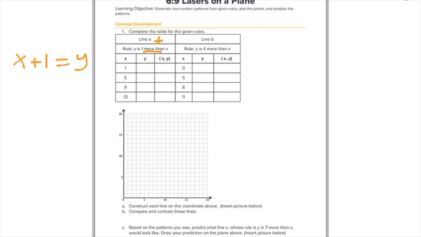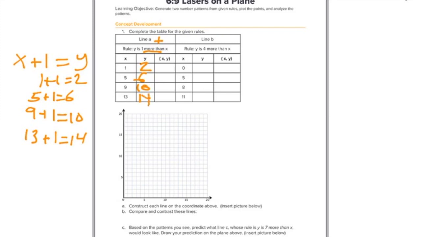Y is 1 more than x. So x is 1, y has to be 1 more than x, so y is 2. So 1 plus 1, 2. X is 5, we have to add 1, it's going to be 6. 9 is x, y is 1 more, we add, that's 10. X is 13, y is 1 more, we add, that's 14.